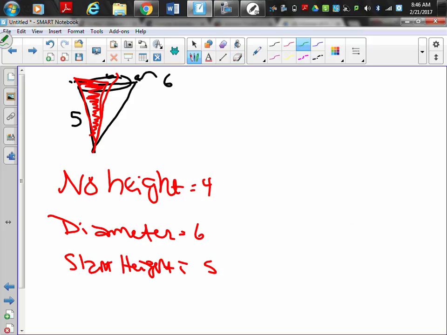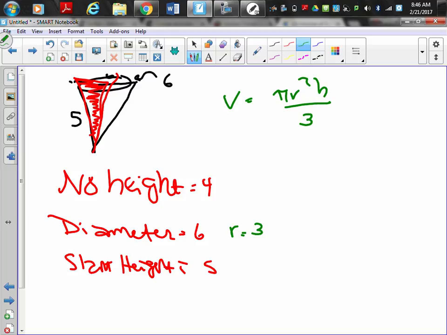Alright, so now I know volume equals pi r squared height divided by 3. Alright, so what's my r? 3. Because D is 6.